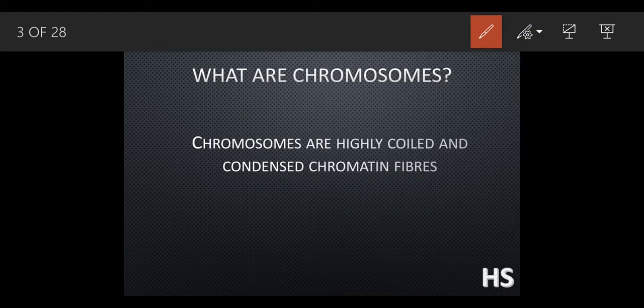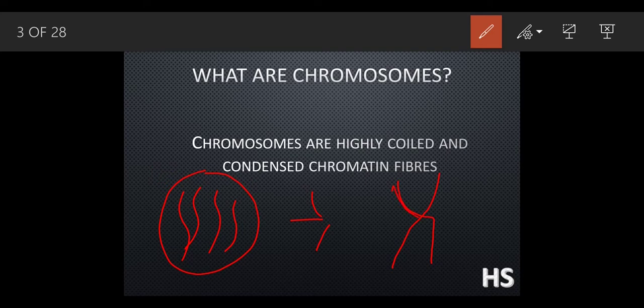Suppose there was a nucleus. Inside the nucleus there was a certain amount of chromatin fibers. When these chromatin fibers get coiled and condensed, they form an X shape.